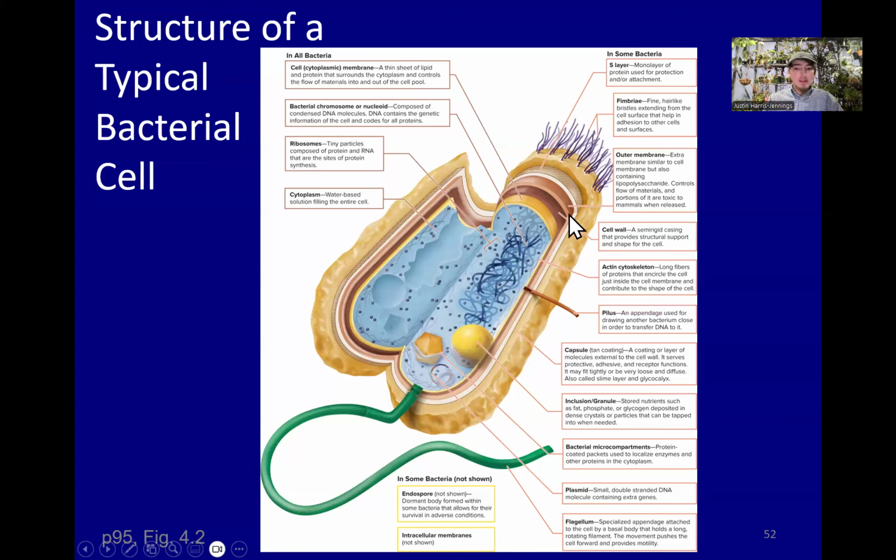from the environment. And then you also have some other structures that aren't seen in all bacteria, like the S layer, which is a sugar protein layer that is triggered in response to threat, and it helps to defend yourself from foreign adversaries.